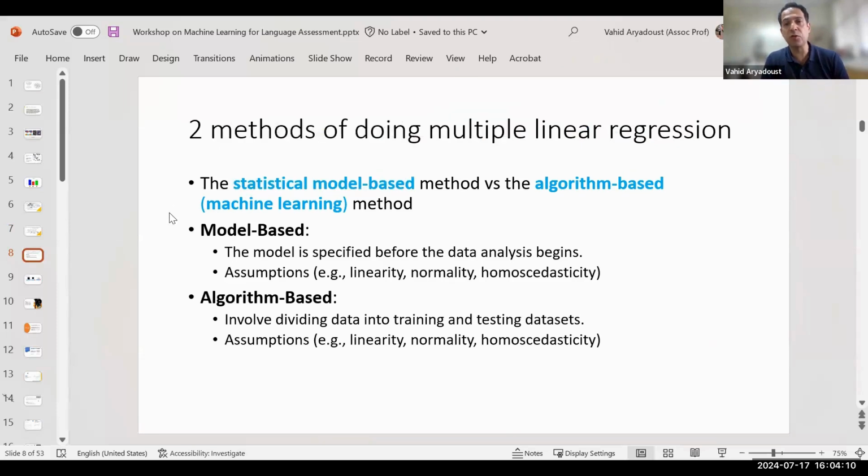But I'm going to show you a new approach today, which falls in between machine learning and regression. And I think that provides a very nice segue to machine learning, which most likely we will be discussing tomorrow.